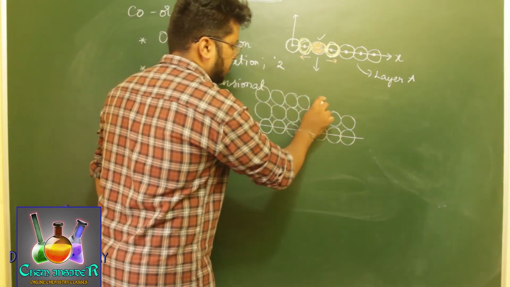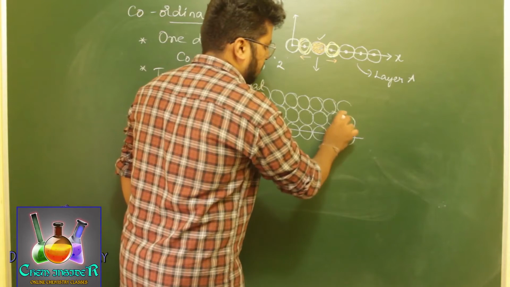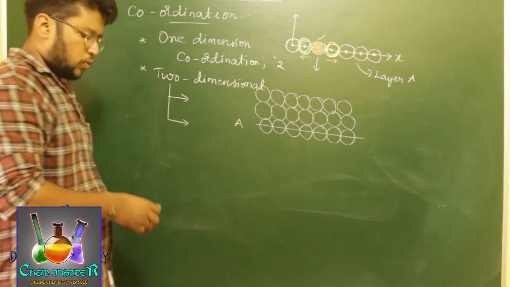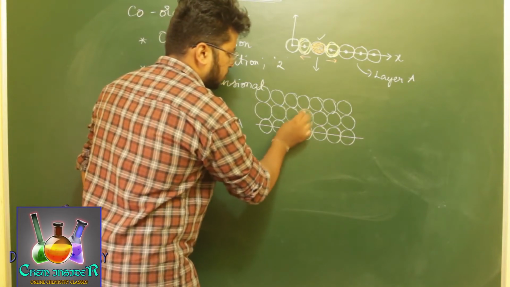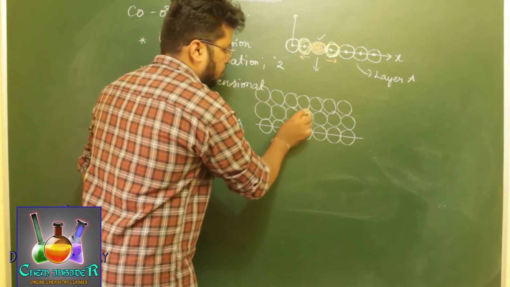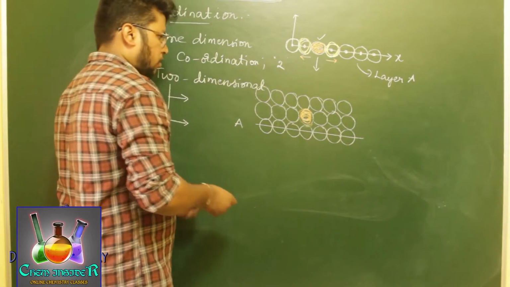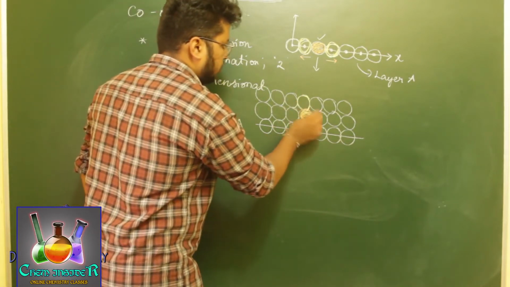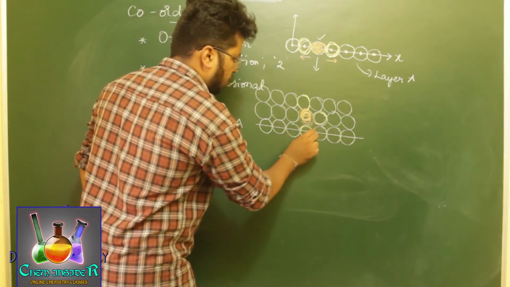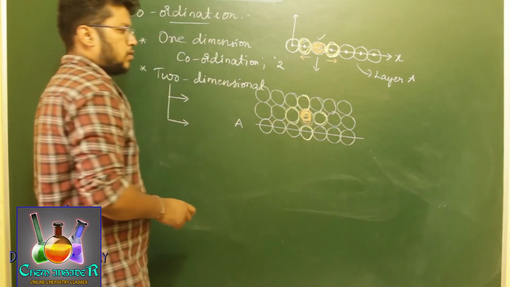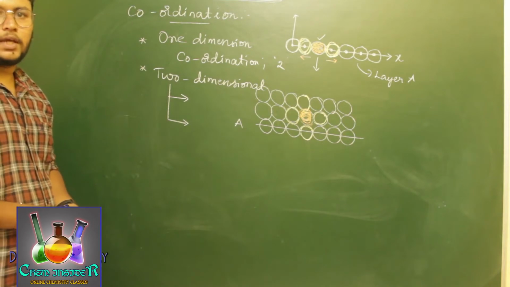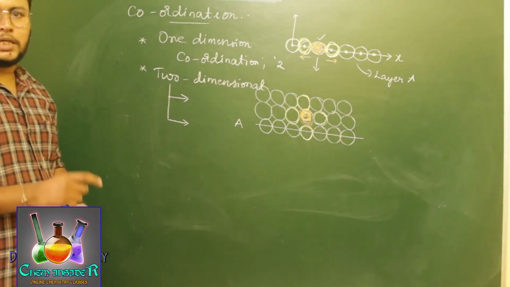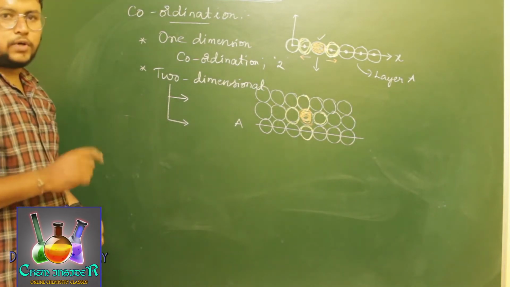On arranging as such, we get one atom surrounded by four different atoms. One atom will be surrounded by four more atoms in four directions: one at the north, one at the east, one at the south, one at the west. So each atom in a two-dimensional arrangement can have a minimum of four atoms in four directions.